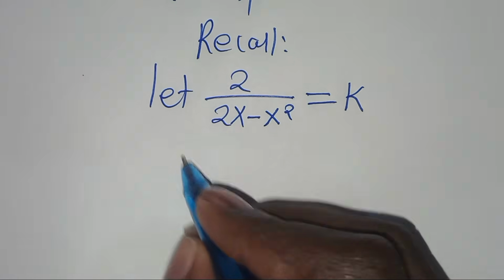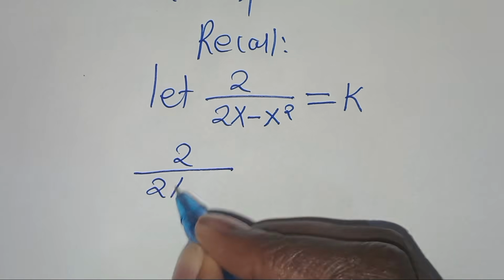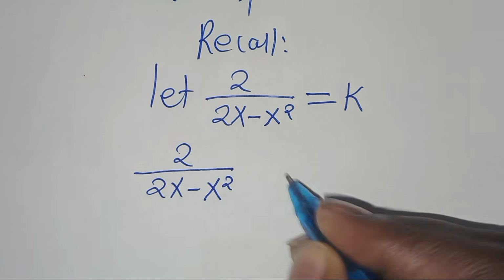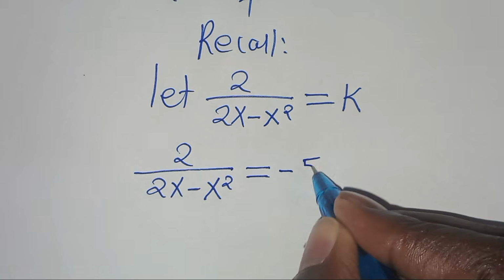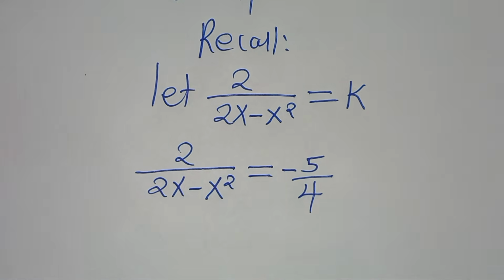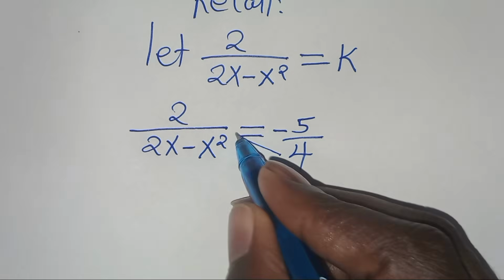So this means that we have 2 over 2x minus x to the power of 2 equal to negative 5 over 4. So let's cross multiply from here.